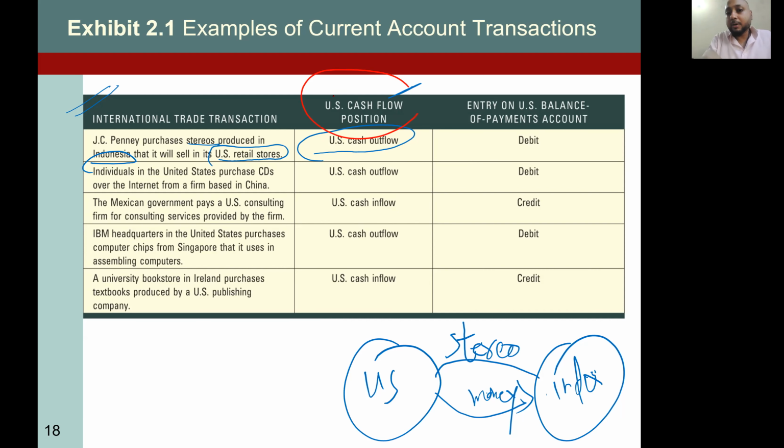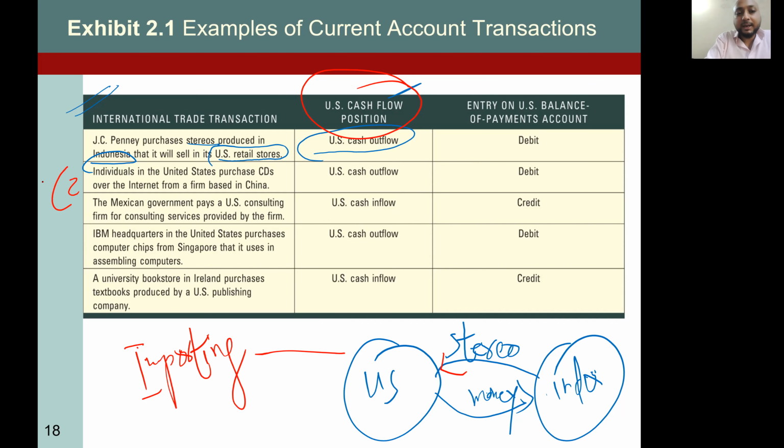We're just talking about what is the position of cash flow, whether it is cash outflow, which is going out from the country, or cash inflow, which is cash coming to the country. So when we buy goods from Indonesia, we are importing. Goods coming to the country and money going out, cash outflow.